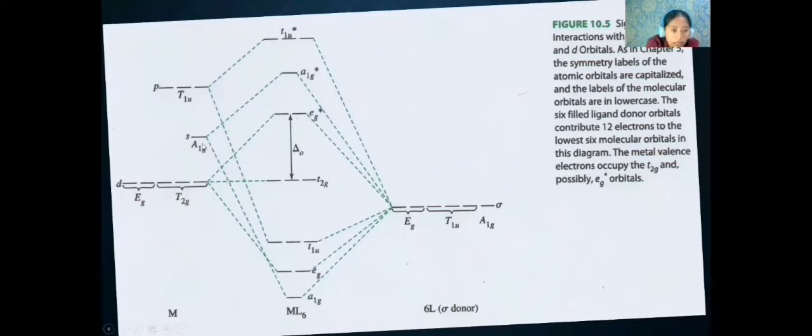Okay, so as you can see, a1g is paired with the a1g of our ligand donor, and then the t1u are paired to the t1u of the ligand donors.